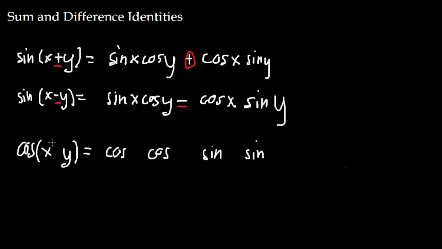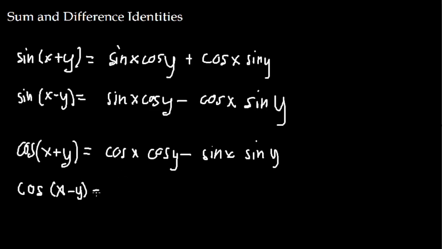Sa cosine naman, it's the opposite. Let's say ginamit natin is addition, the sum identity, then the sign in between them will be subtraction. Now, it's just the matter of writing x and y to complete our sum identity for cosine. And it's also the same with the difference identity of cosine.